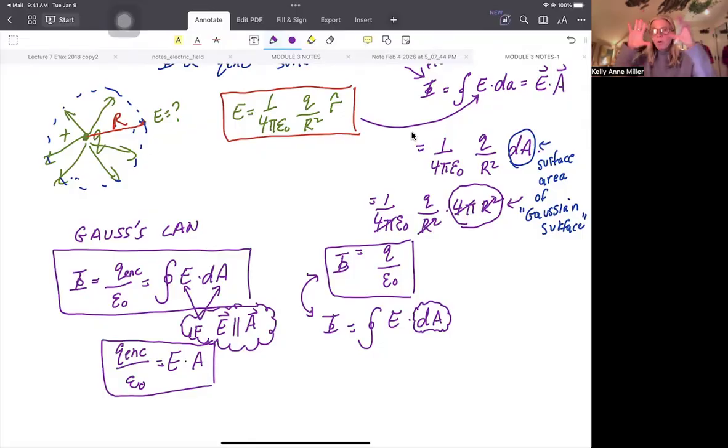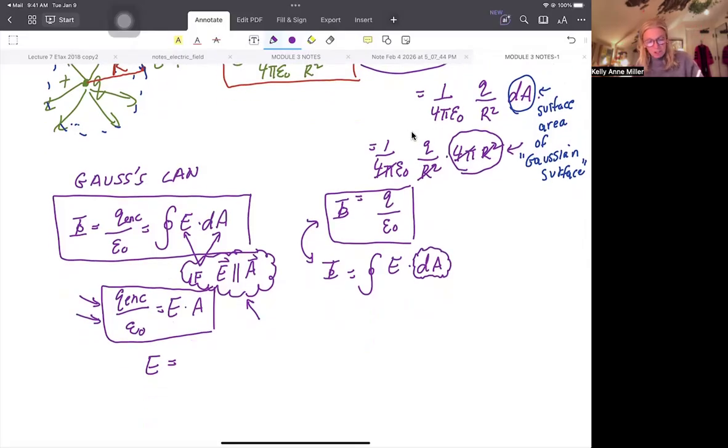Okay, so the whole name of the game with Gauss's law is to draw your Gaussian surface in such a way that this is true. And if this is true, then the equation simplifies to this, and then you can find the electric field of a super complicated configuration of charges just by dividing the Q enclosed, whatever quantity of Q you have enclosed in your Gaussian surface, by epsilon naught times the area.